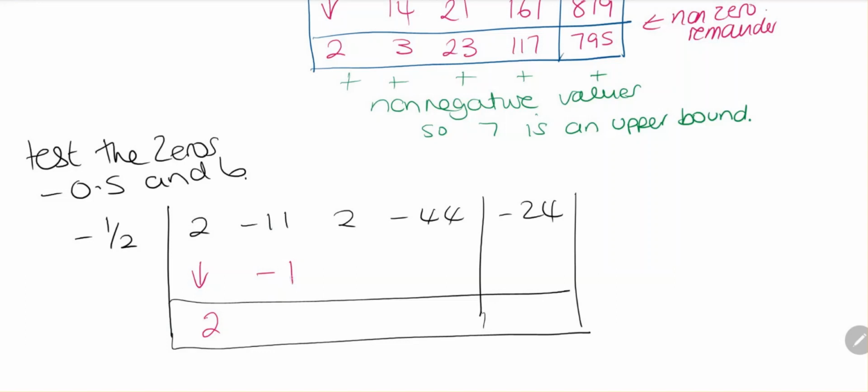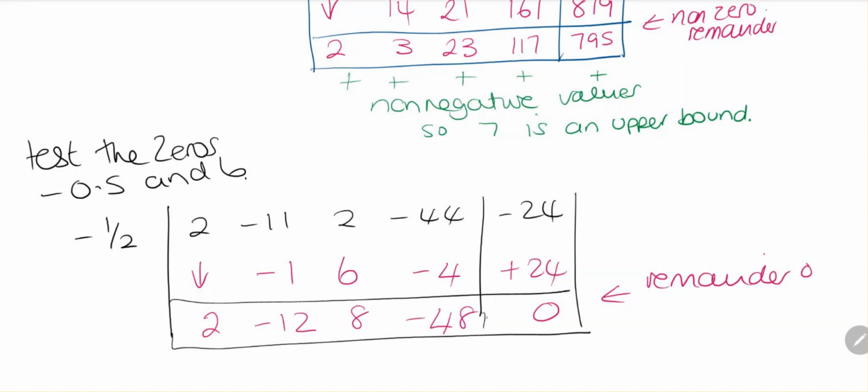So minus 11 minus 1 is minus 12. Minus 12 times minus a half is going to be positive 12 divided by 2, which is 6. So this is going to be 8. 8 multiplied by minus a half is minus 4, which gives minus 48. Minus 48 multiplied by minus a half is going to be positive 48 divided by 2. So this is plus 24, which gives us a remainder of 0. The remainder of 0 tells us that minus a half is a 0.